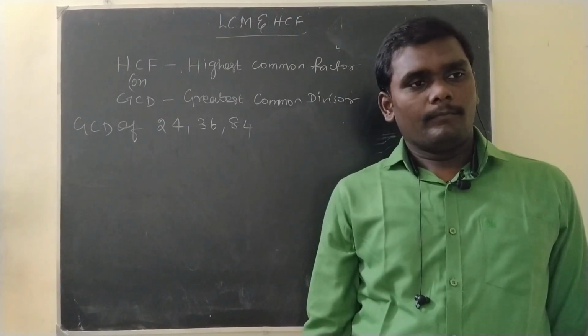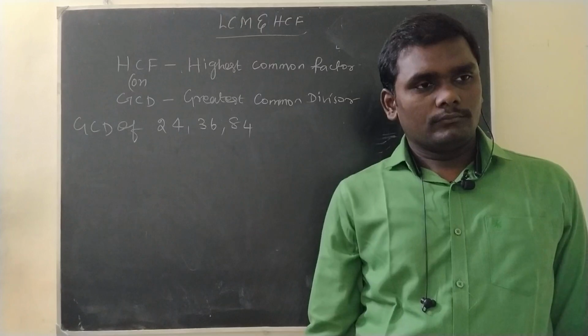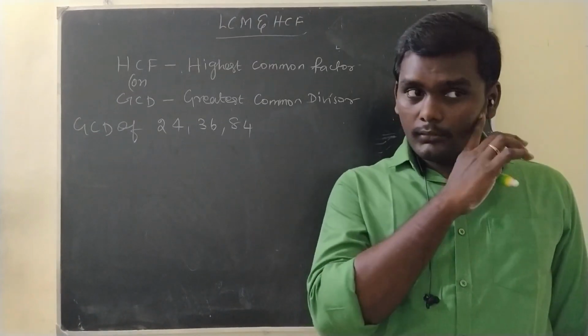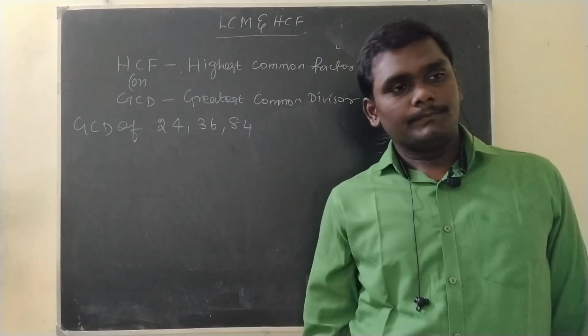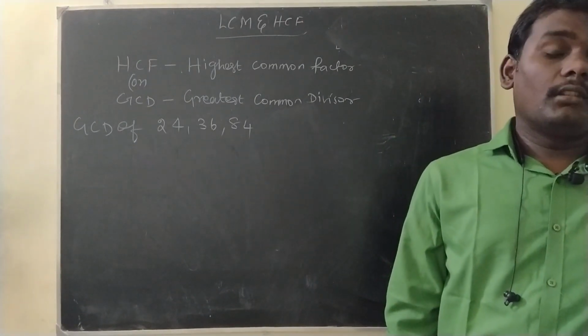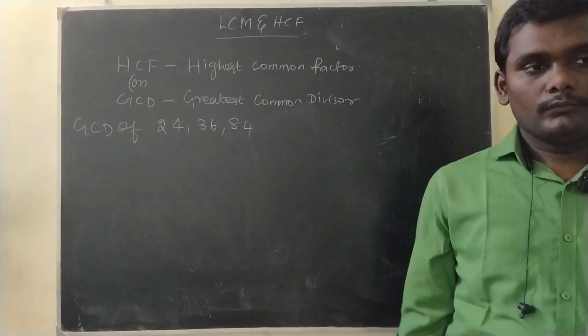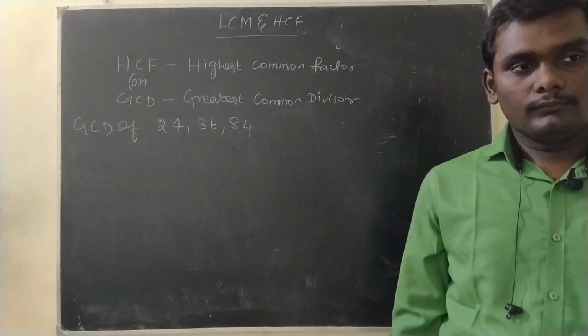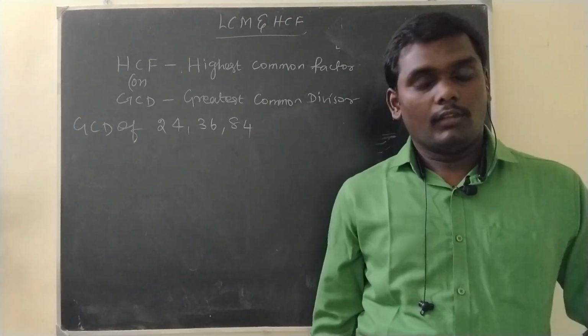Okay. Then totally 2 square times 3 is what, man? What number? Think well and answer. 2 square is 12. Okay.